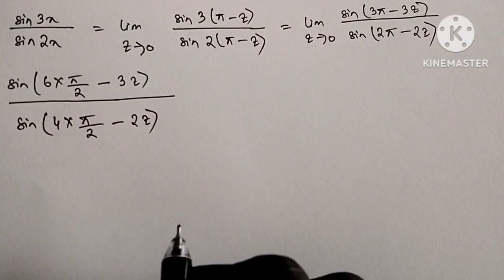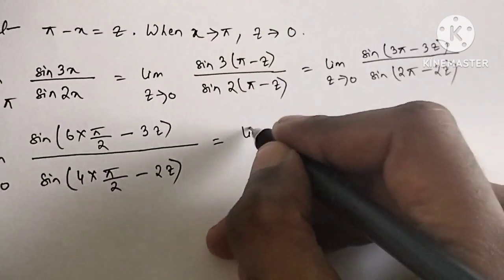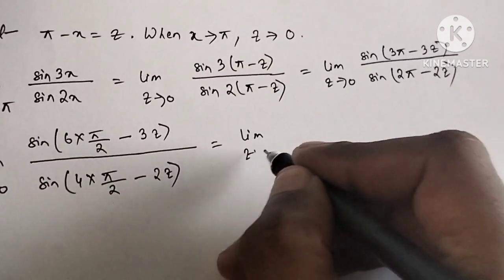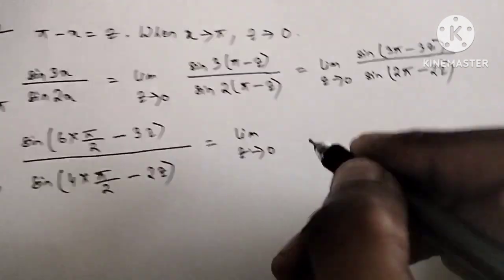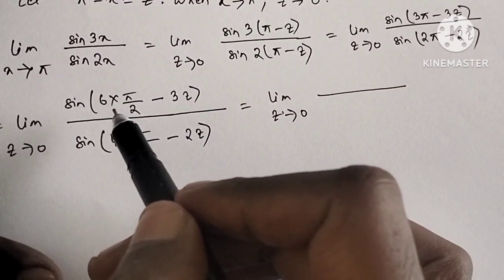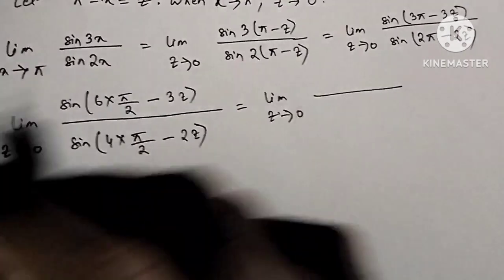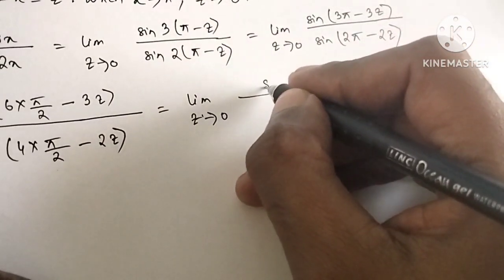Clear? So now this can be written as limit z tends to 0, sin 6 into pi by 2. 6 is an even number, so sin will remain sin 3z.